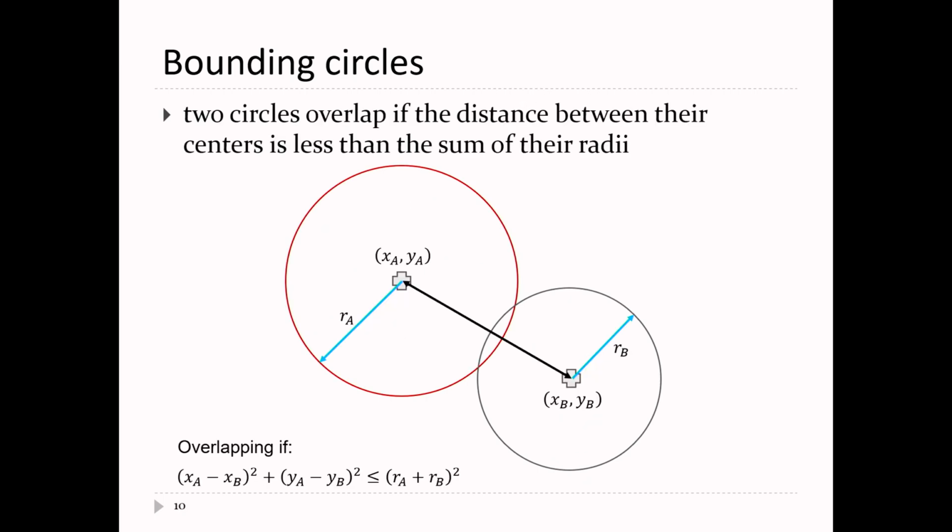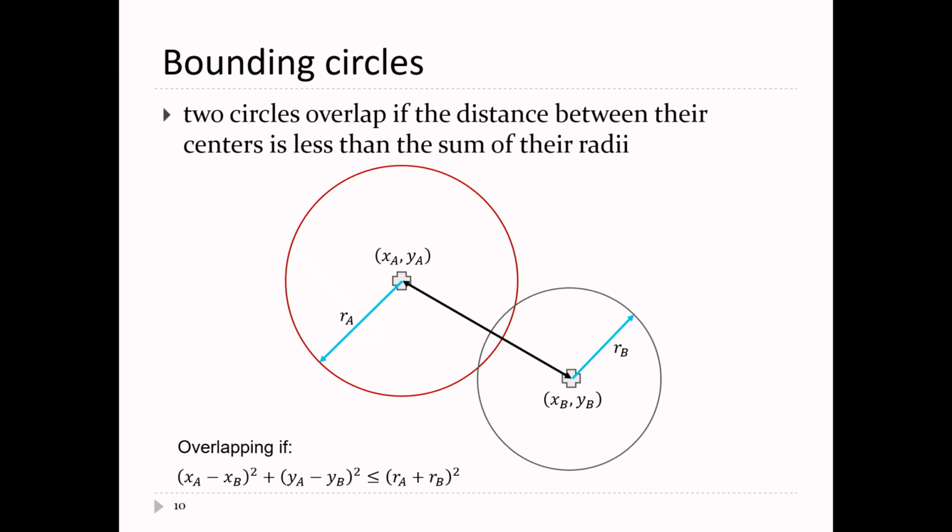It's very easy to determine whether two circles overlap. Here I've got a red circle and a blue circle. When do they overlap? You just compute the distance between their centers. You subtract the x coordinates and square it, subtract the y coordinates and square, and take the sum. That's the squared distance.